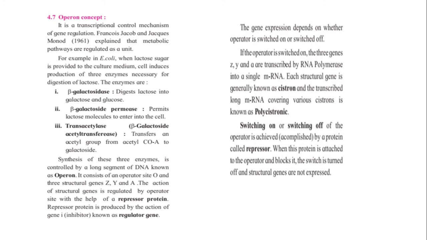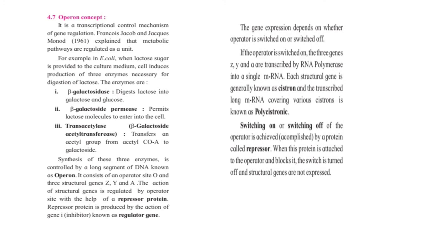If the operator is switched on, the three genes Z, Y, and A are transcribed by RNA polymerase into a single mRNA. Each structural gene is generally known as a cistron, and the transcribed long messenger RNA carrying various cistrons is known as polycistronic.